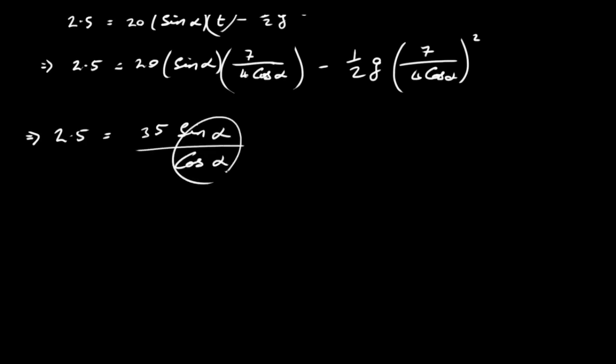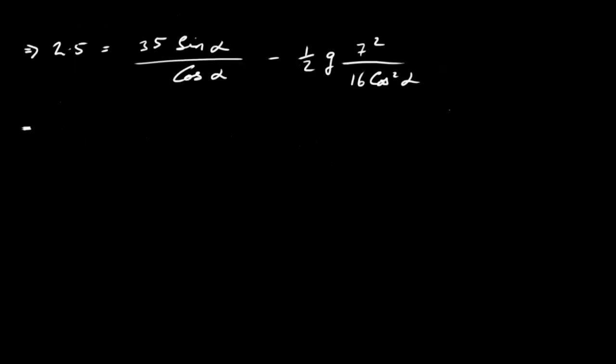When you see sine over cos, you should really think about tan, maybe changing this to tan at some stage. So we've got minus a half g. Now we've got to square all of this, so it's 7 squared over 16 cos squared alpha.